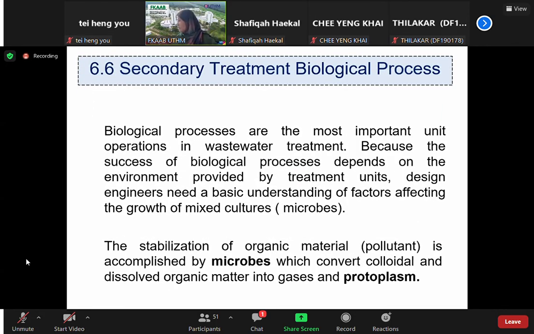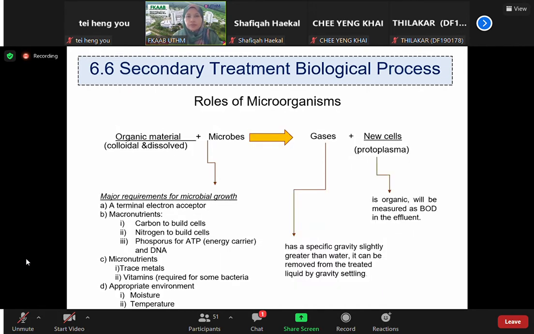Can you all see the slide? Okay. This organic matter is our waste or pollutant that we need to remove, by using microbes. In our organic material, we have the bacteria. As well, in the wastewater treatment plant there are good bugs, microbes, that do the job.